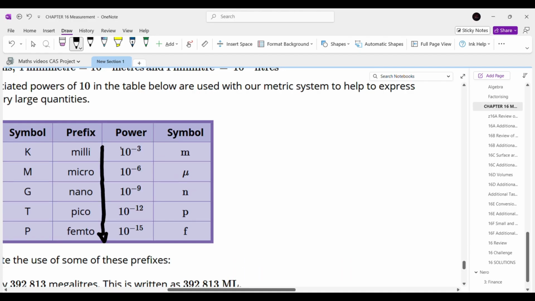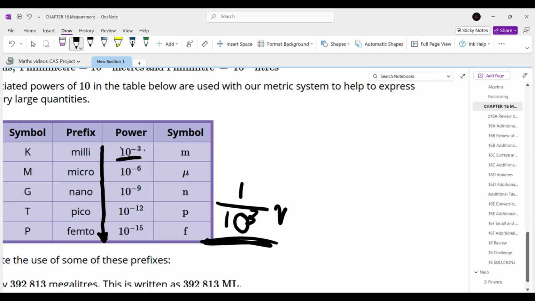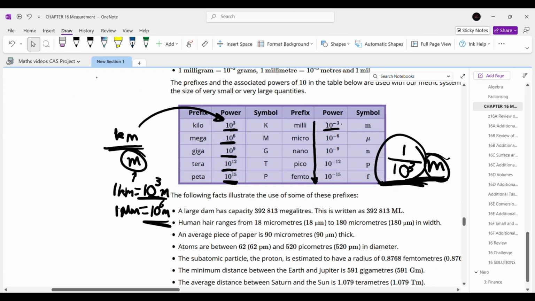So obviously you have milli, micro, nano, pico, femto. And then milli is just 10 to the minus 3 meters. It's just 1 times 10 to the minus 3 meters, so it's like a fraction of said meter.